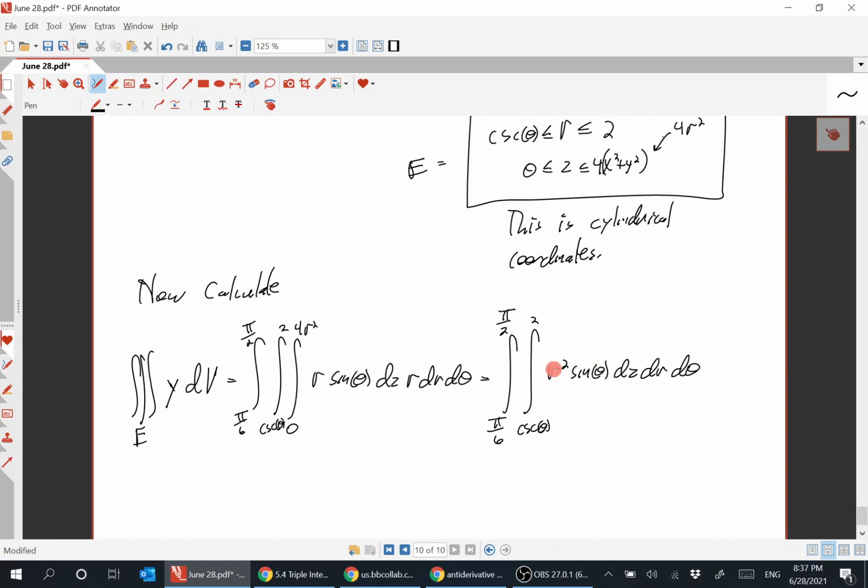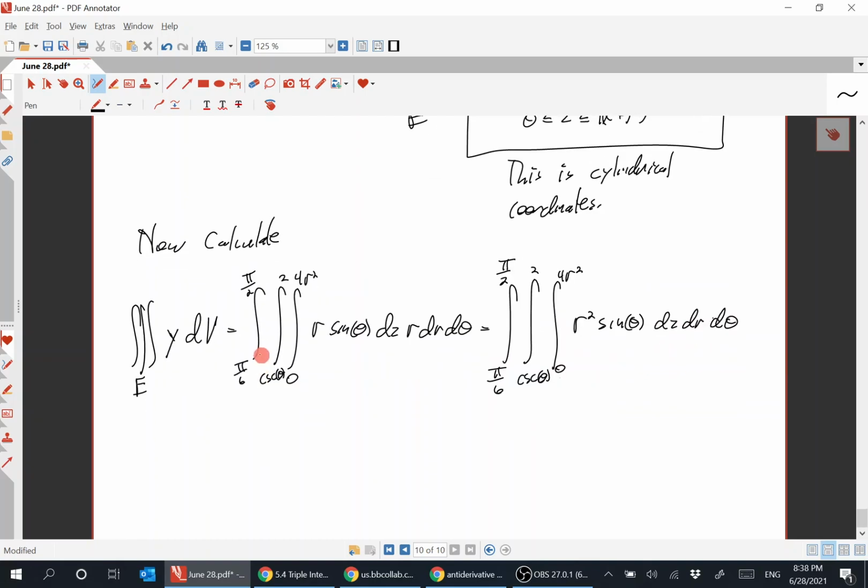Oops, I lost my integral. 0 to 4r squared. R squared sine of theta dz dr d theta.